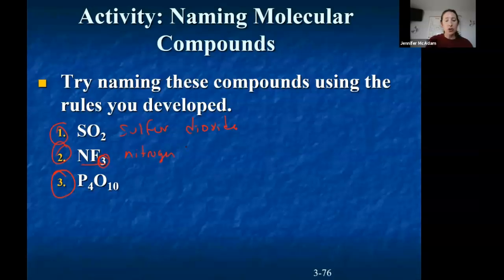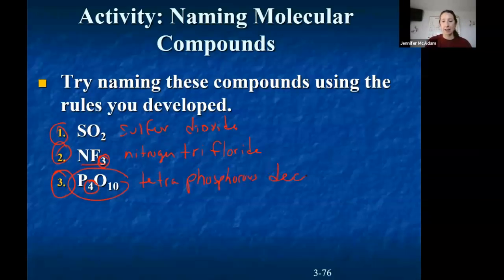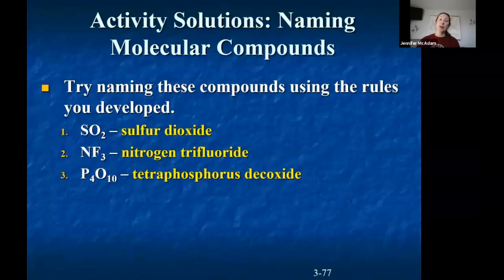And then 3 is tri or ide. And this one, 4 is tetra, phosphorus. 10 is decoxide. If you leave the A in there, it's fine. So if you said DEC, decaoxide, that's okay. Okay, so this is how we name, again, our molecular compounds, different than our ionic compounds.